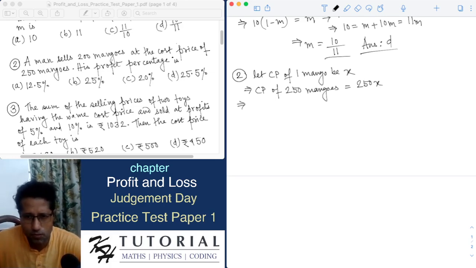Now this is equal to the selling price. It is given that the man sells 200 mangoes at the cost price of 250 mangoes. So the selling price of 200 mangoes is given to be the cost price of 250 mangoes, so 250x.